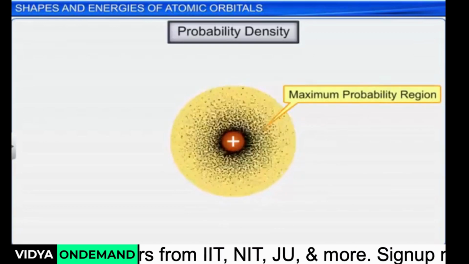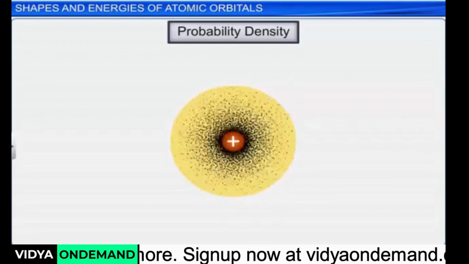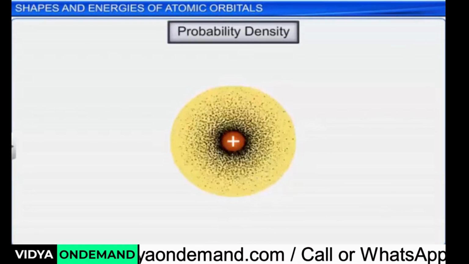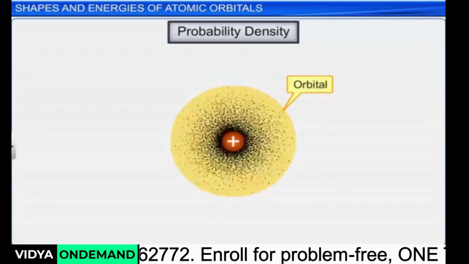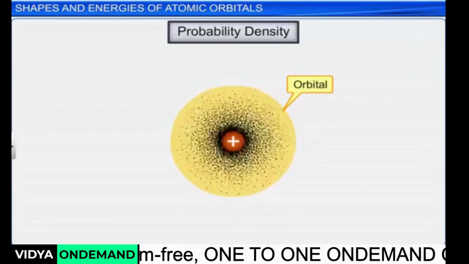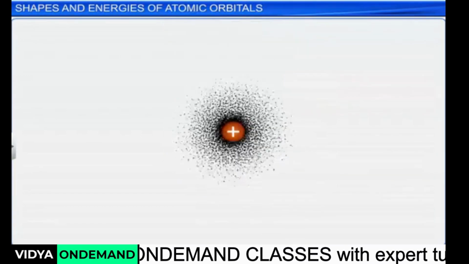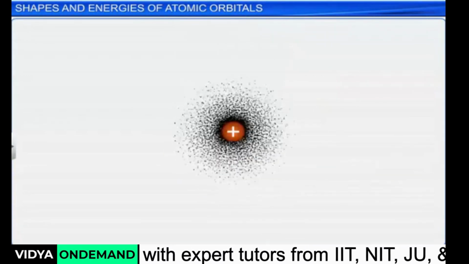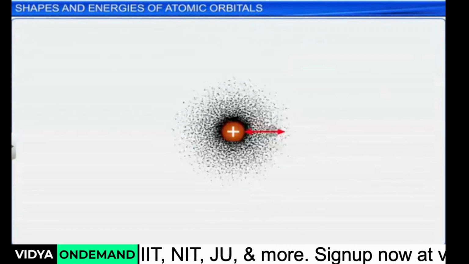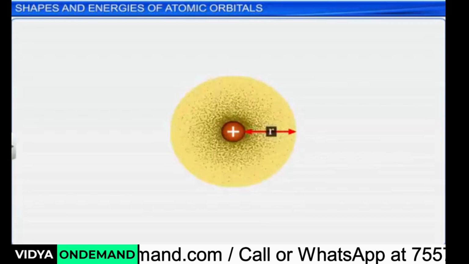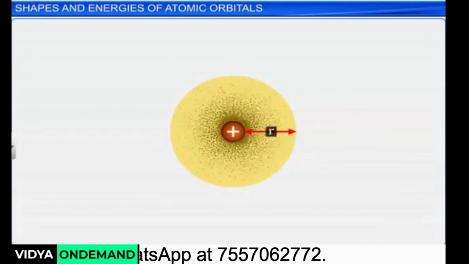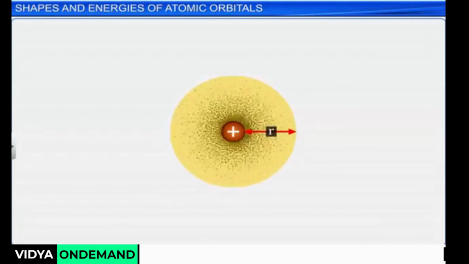This three-dimensional space around the nucleus, where the probability of finding the electron is maximum, is called an orbital. The probability of finding an electron is a function of distance r from the nucleus. The probability of finding an electron at a distance from the nucleus is called radial probability distribution.